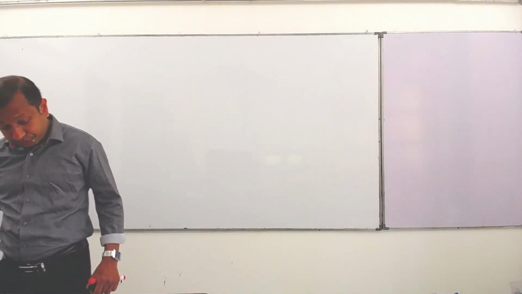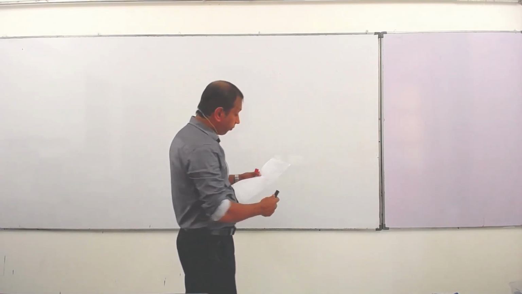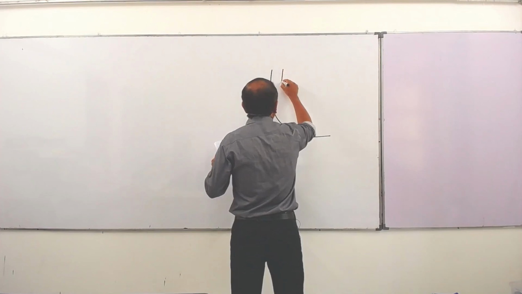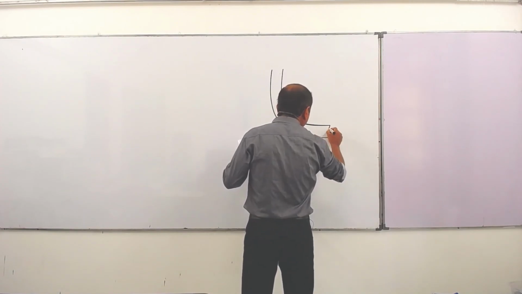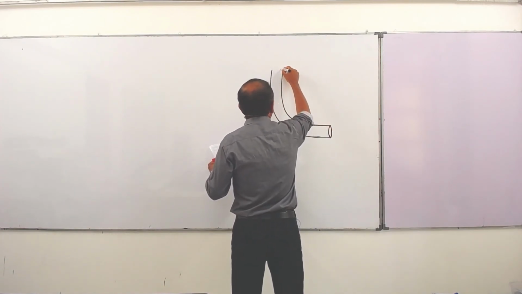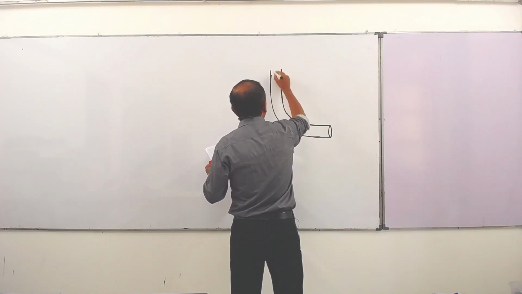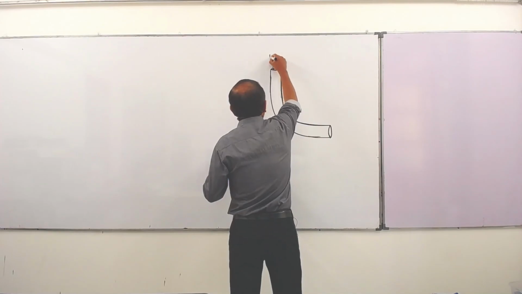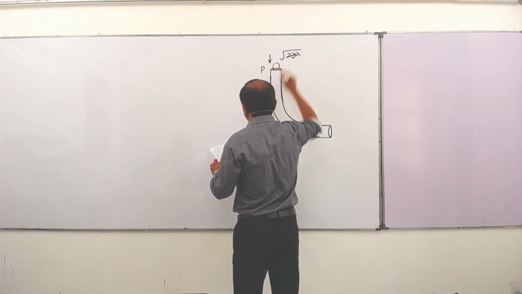Applied maths: a thin smooth tube. Here particle P is projected with velocity root 2ga.